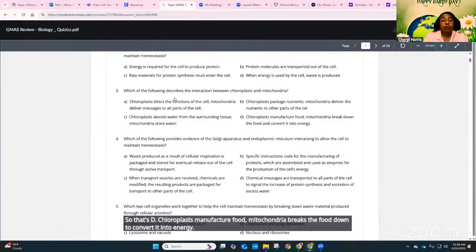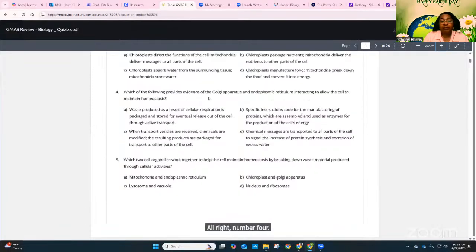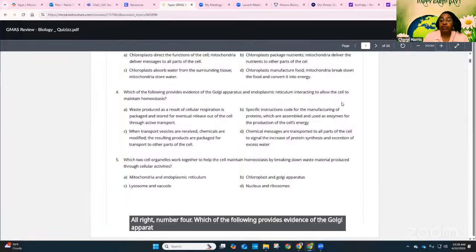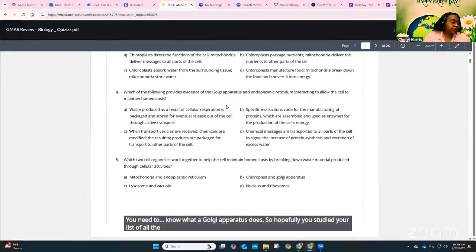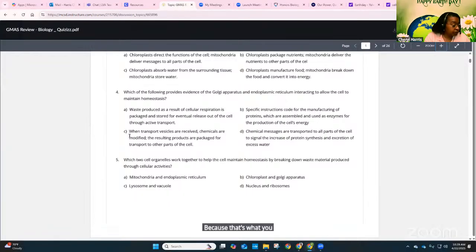All right, number 4, which of the following provides evidence of the Golgi apparatus and the endoplasmic reticulum interacting to allow the cell to maintain homeostasis? Again, you need to know what a Golgi apparatus does. So hopefully you studied your list of all the organelles in the cell and what they do, because that's what you need to know in order to answer these kind of questions.